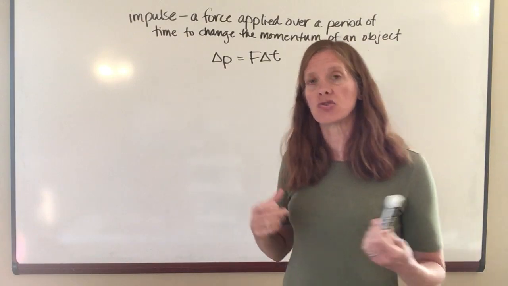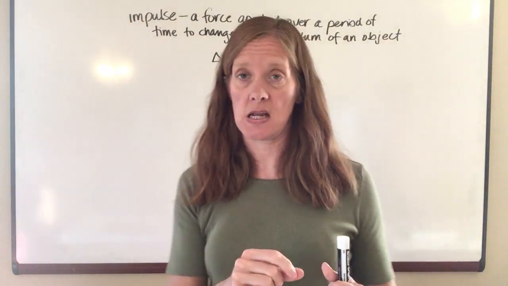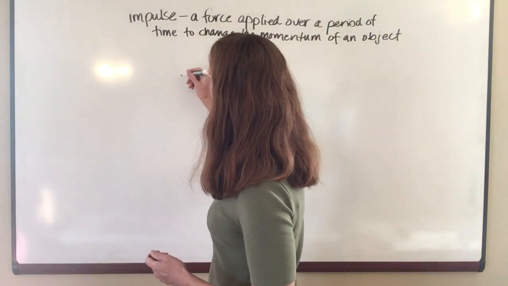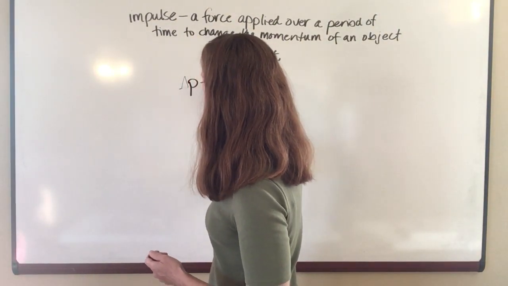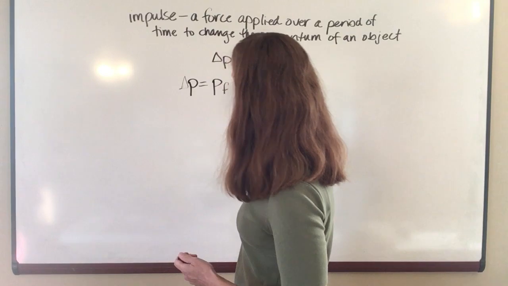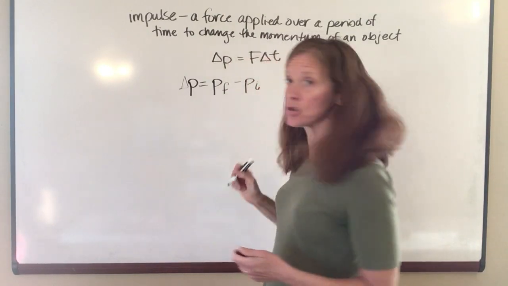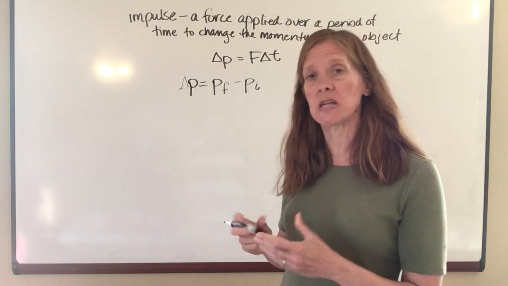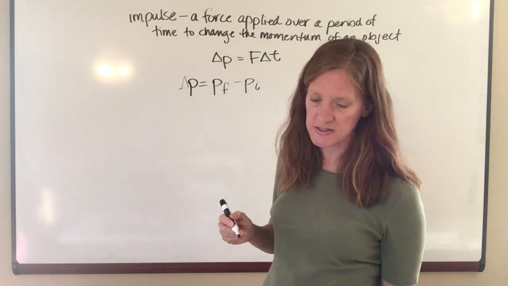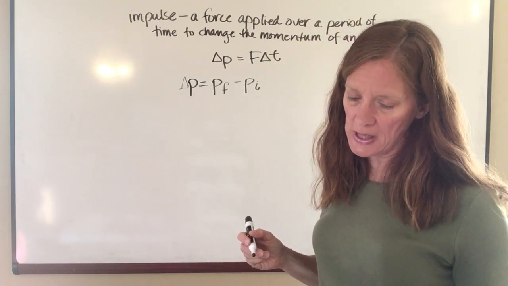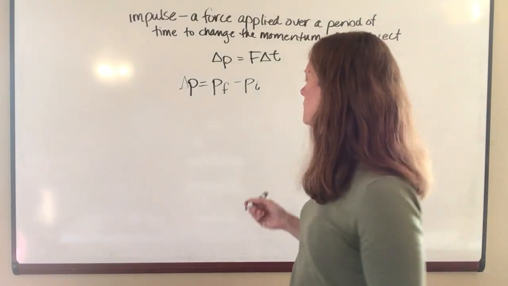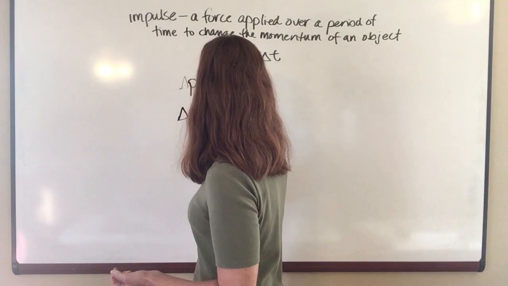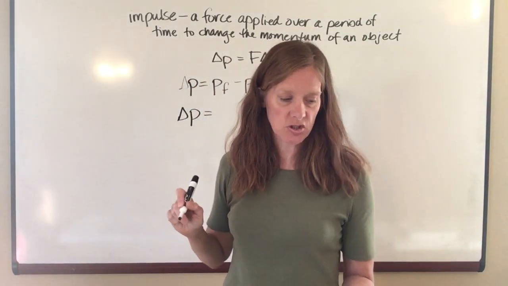Now, just like change of velocity is the final velocity minus the initial velocity, the change in momentum is going to be the final momentum minus the initial momentum. So the definition of change is the same as it has been when we were talking about velocity. So if I look at my change in momentum, the final momentum is going to be what we have after she hits the ball.